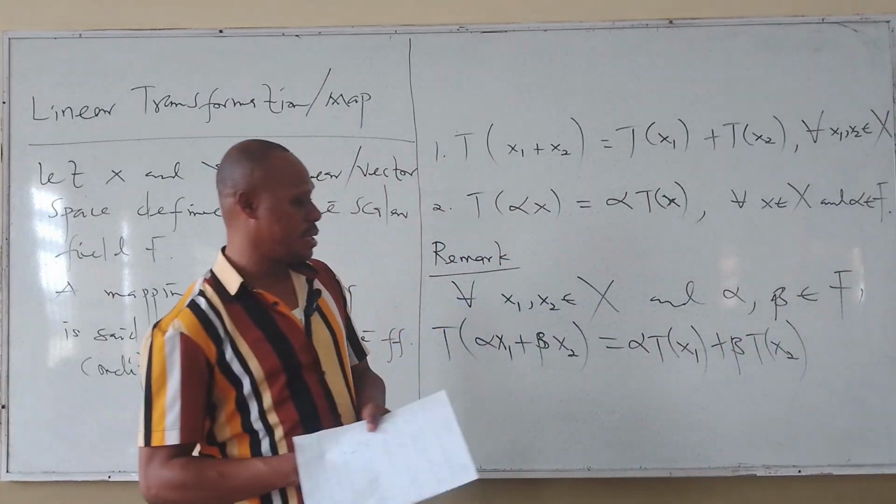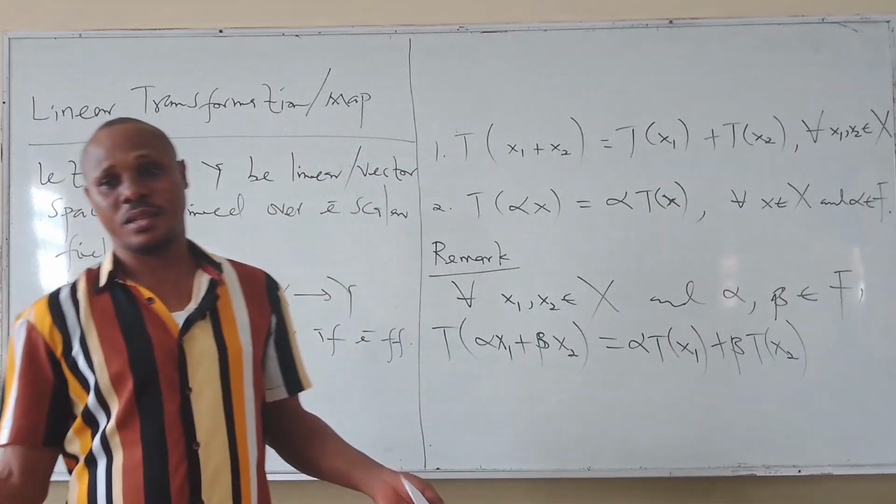Instead of alpha, beta, somebody can say alpha 1, alpha 2 as scalars. Okay, good.